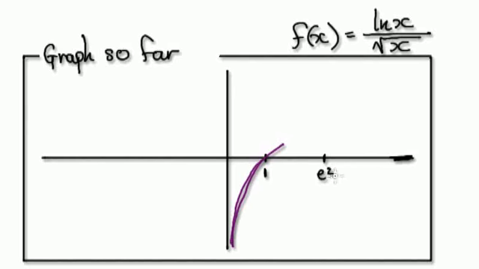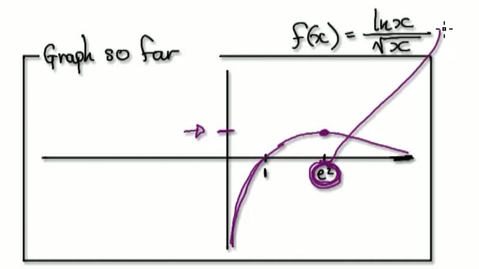At x equals e squared, that's when the turning point occurs. The gradient here is 0, and then it will head towards 0. So we know the gradient would be 0 at e squared. Now we want to find out how high this value will be.